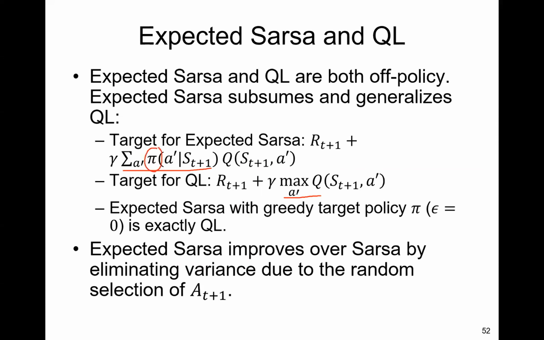That's the definition of a greedy policy. So Q-learning is just a special case of expected Sarsa. Expected Sarsa improves over Sarsa by eliminating variance due to the random selection of A t plus 1.